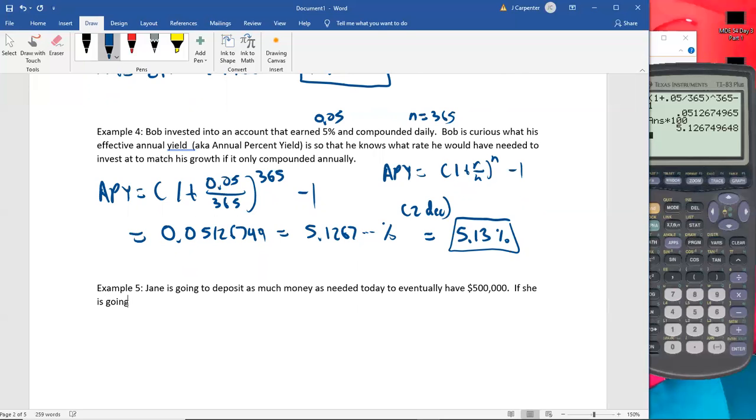If she is going to invest to an account, say a mutual fund, that can earn 8% compounding monthly, for 35 years. How much does she need to deposit?